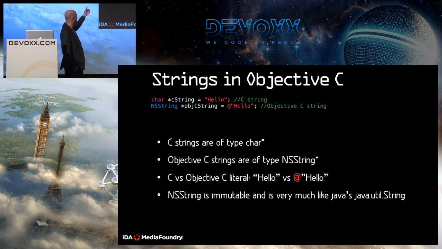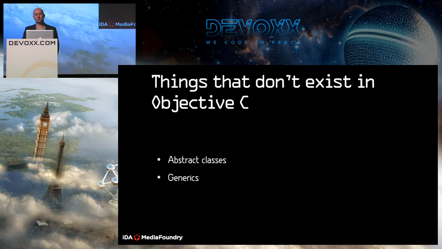NS is the prefix. So NSString really is an Objective-C object, while a character pointer is not an object. This will feel a little bit strange in the beginning. For your strings, you have to add the at sign, okay? Like in Java, a string is immutable. We also have a mutable version, but we will talk about that later.